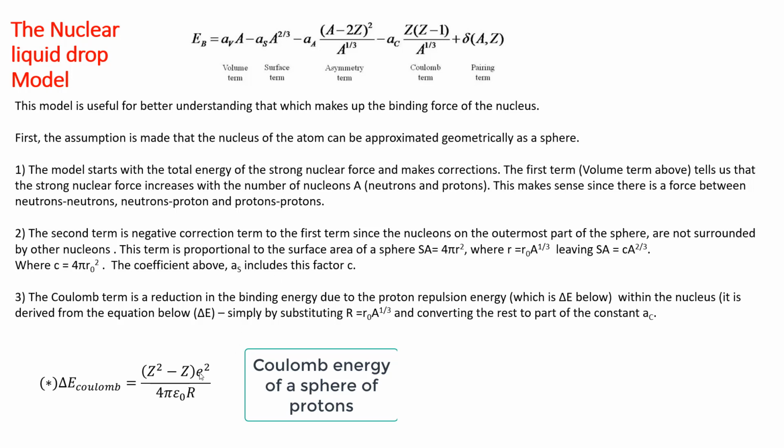That's the proton charge, and the proton charge and the electron charge are the same. So e squared over 4 pi epsilon naught is just factored into this a sub c term, but the a sub c term also includes a factor based on experimental results, which fits this model to the data.